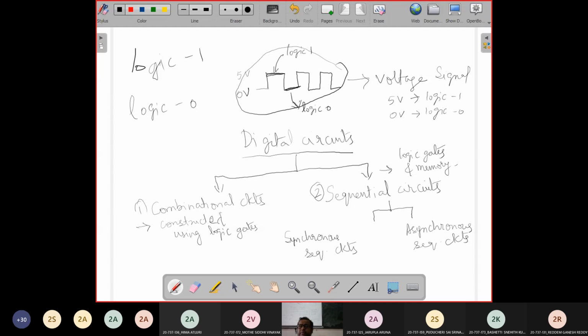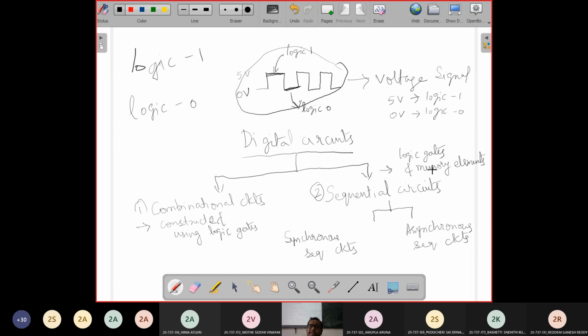That is the only difference between the design of combinational circuits and sequential circuits. In a combinational circuit, the entire circuit is made up of logic gates only. But in sequential circuits, the circuit is made up of a combination of logic gates along with some additional circuit elements referred to as memory elements.